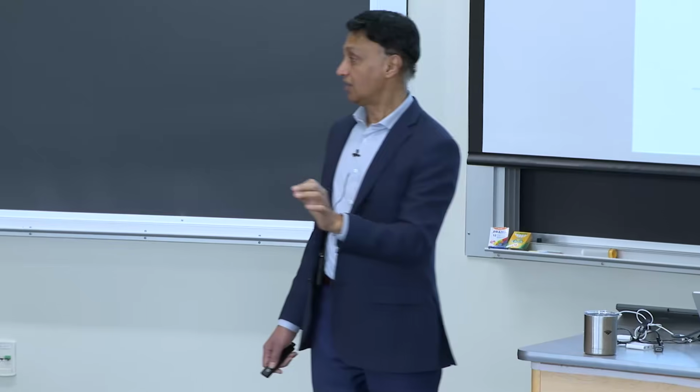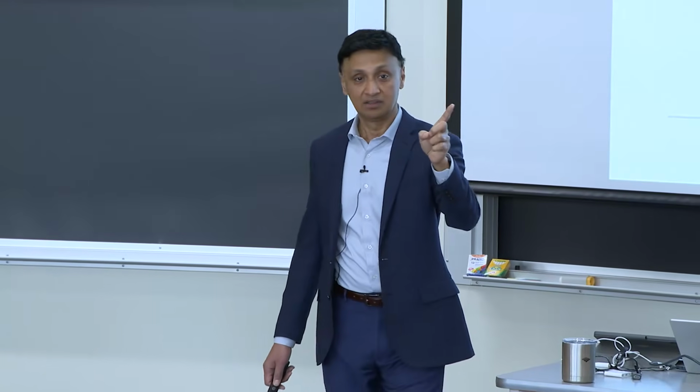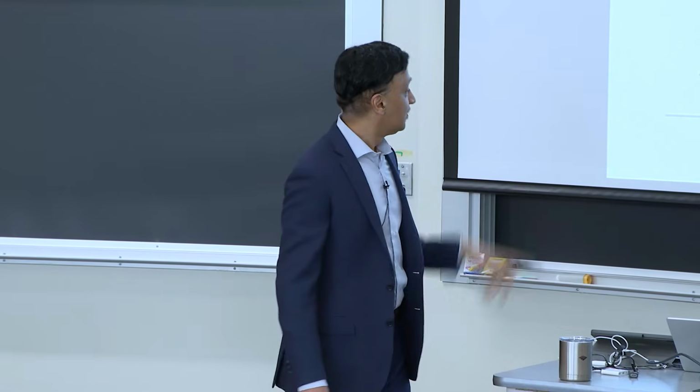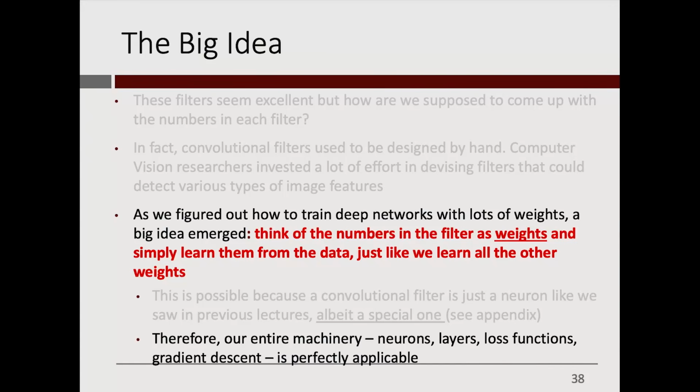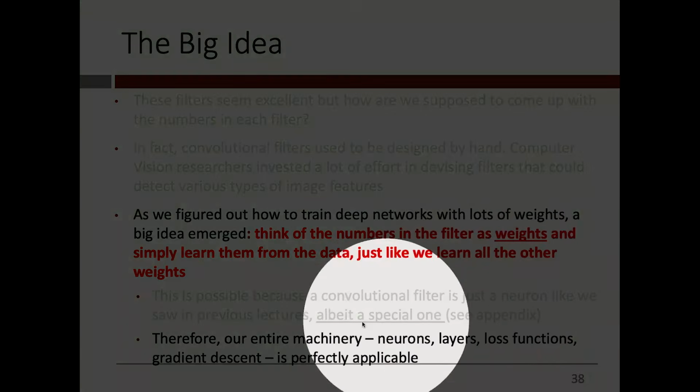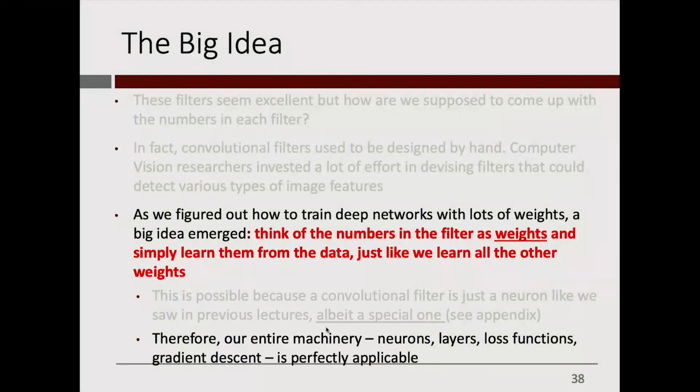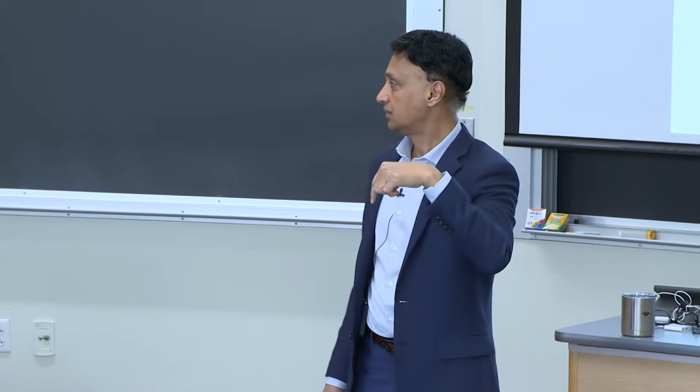But just take my word for it. It's just a particular kind of neuron. And because we know how to work with neurons, our entire machinery, layers, loss functions, gradient descent, SGD, everything is immediately applicable. We don't have to invent any new stuff to make it work.